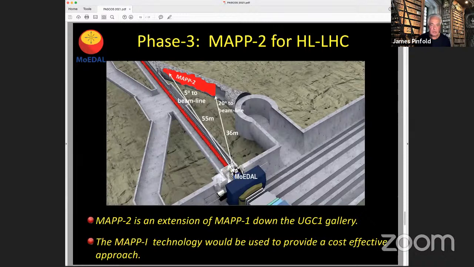So phase 3, we would extend the MAP1 detector along the UGC1 tunnel so that we go from 5 degrees to 25 degrees. And we'll use the same technology, which is essentially fine grain scintillator hodoscopes, to avoid gas and so on and so forth, which tend to become expensive and have safety problems.